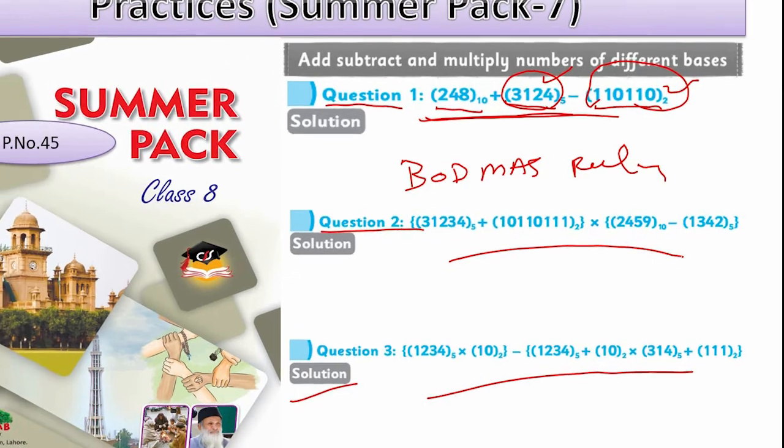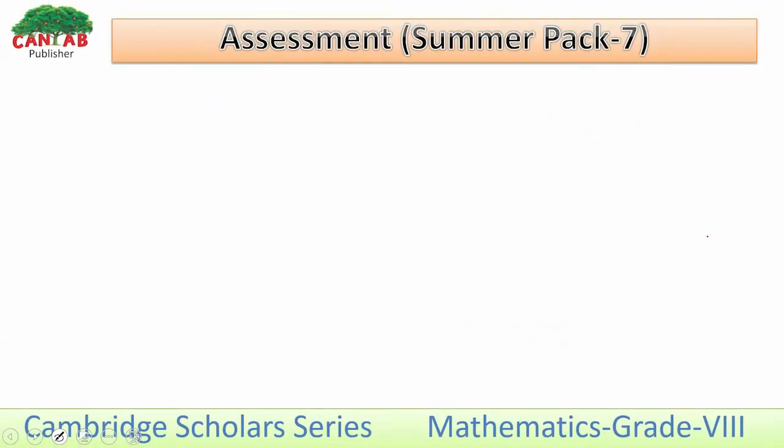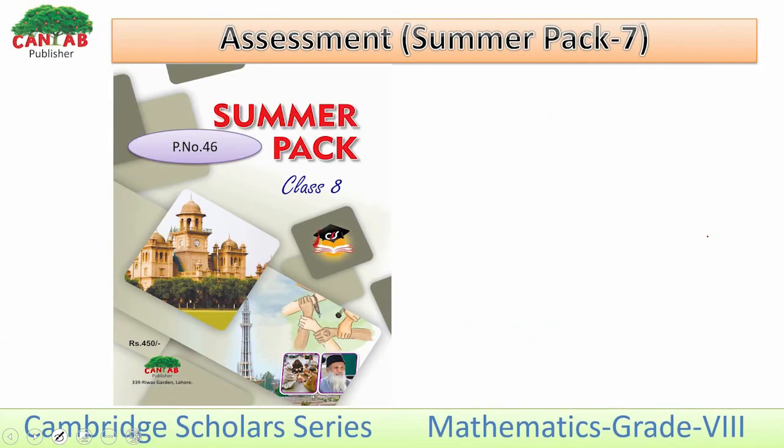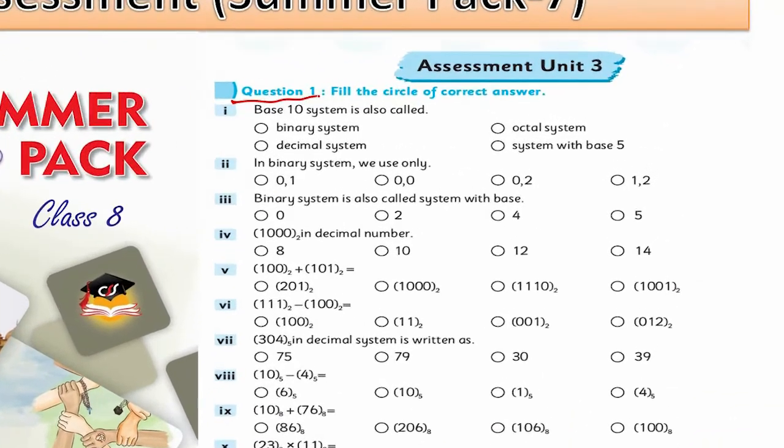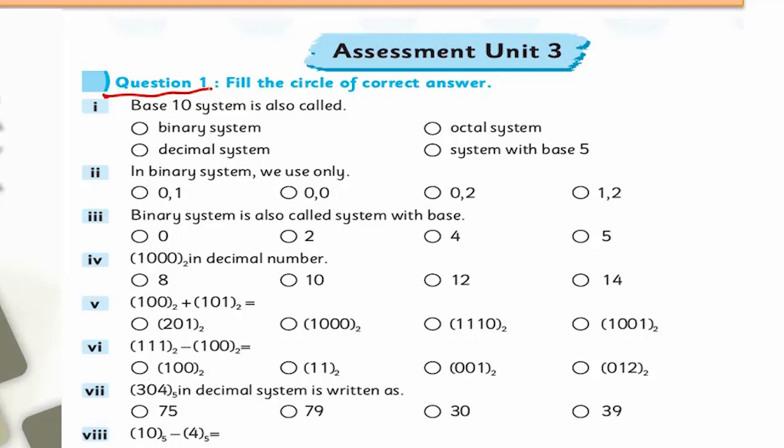Students, now come to the assessment. You have to complete this assessment at your home, and question 1 is like question number 1 of your textbook review exercise 3. So complete this question. The base 10 system is also called binary, decimal, or octal system.